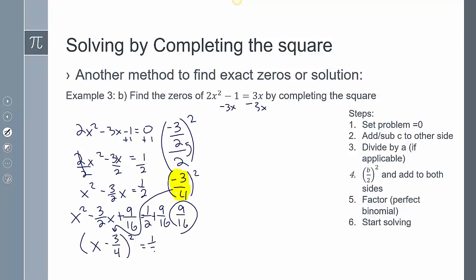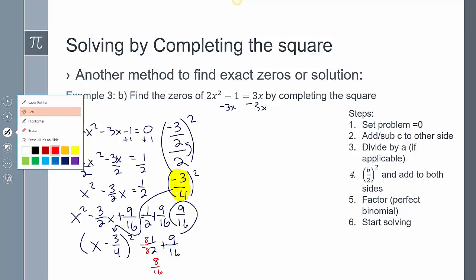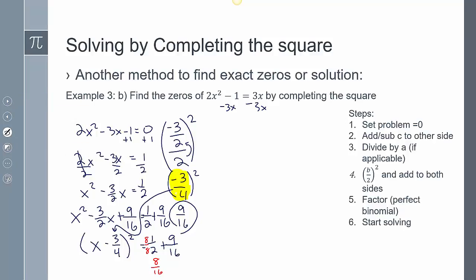And so this is going to equal 1 half plus 9 over 16. I can combine these together, multiplying top and bottom by 8 over 8. And so that's going to turn into 8 over 16, which adding together gives me 17 over 16. So rewriting this up here, I get x minus 3 over 4 squared equals 17 over 16.